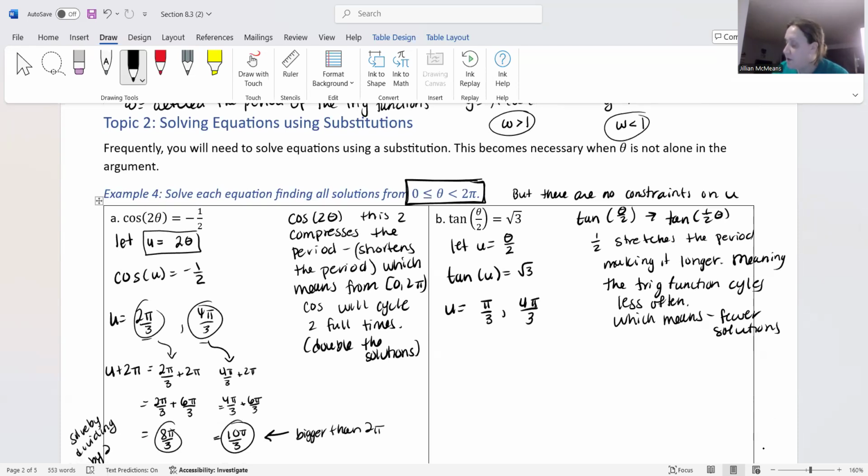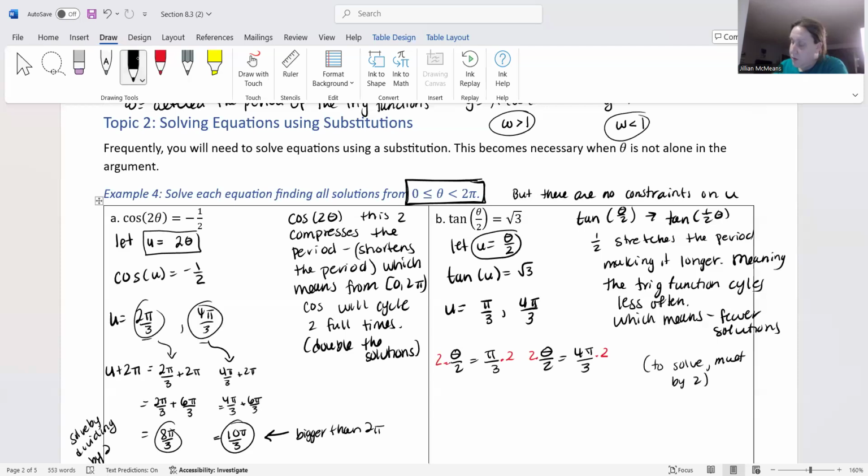So what I'm going to do now is acknowledge the fact that u was equal to theta over 2. So I'm going to take all of these u values and set them equal to theta over 2. And then I want to solve for theta. So to solve, multiply by 2. When I multiply by 2, I'm technically doing it on both sides.